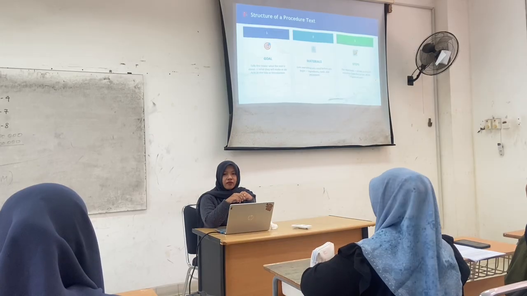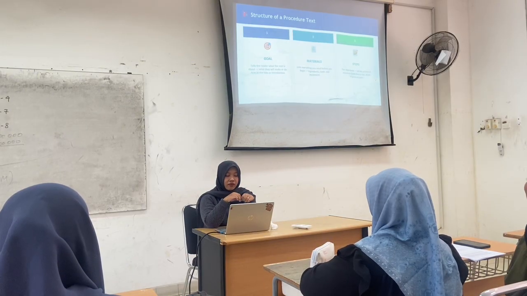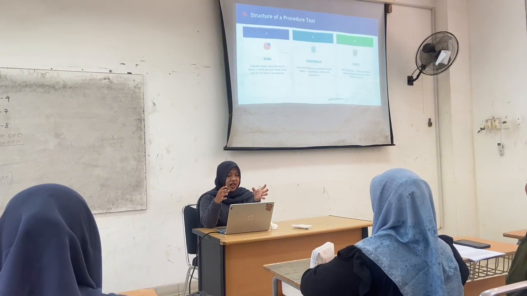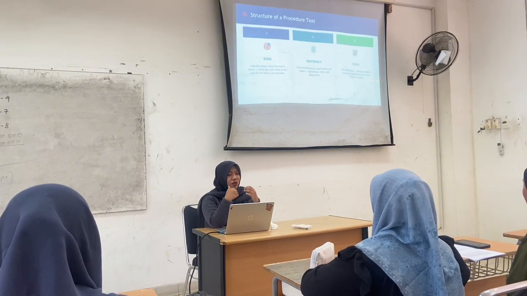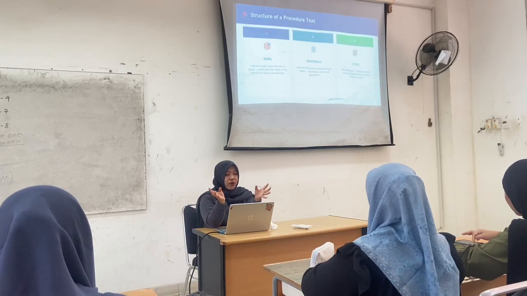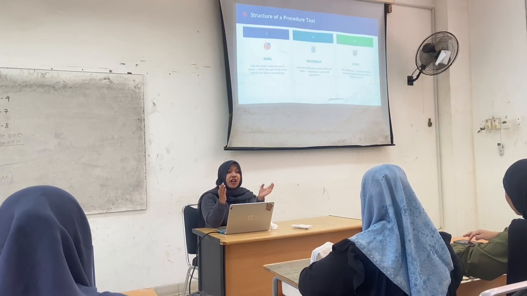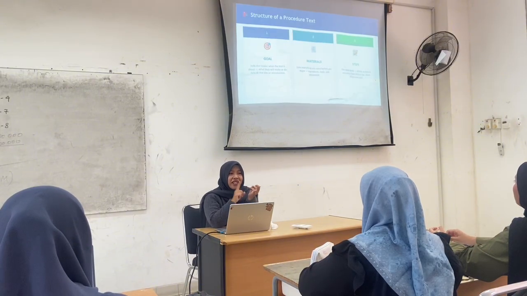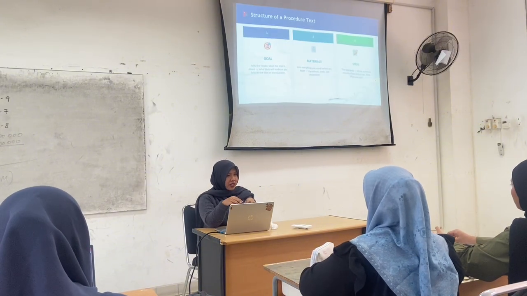The goal tells the reader what the text is about, what they will make or do. What do you need before you begin? And two is materials. List everything that you need before you begin, like ingredients, tools, and equipment.